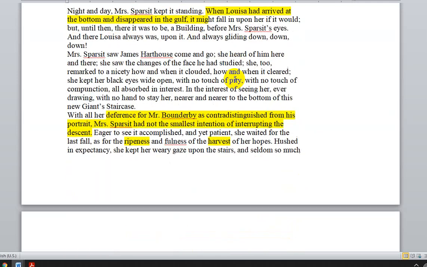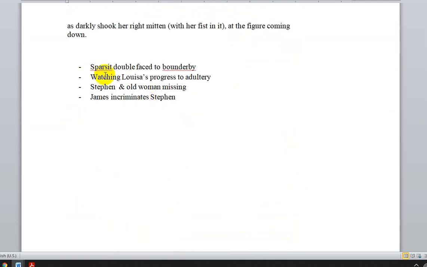So chapter 10 highlighted certain points related to the character of Sparsit, and we mentioned that Sparsit's role starts to extend to more different things than the representation of the differences between social classes. And we said now her role is to witness and help shape the failure of marriage between Louisa and Bounderby, which consequently will demonstrate the failure of the educational system on Louisa's part.